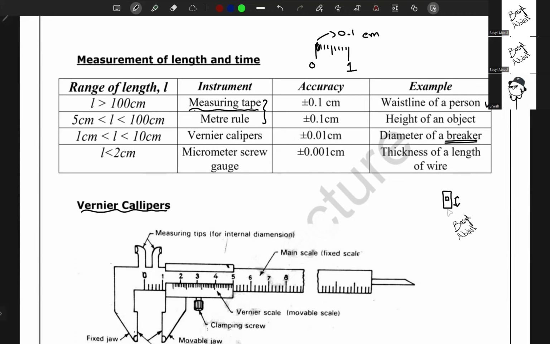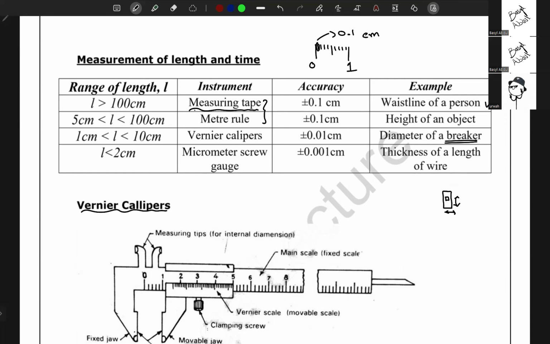It's small in size, and you can use Vernier calipers to measure the thickness of such an object. You can also use Vernier calipers to measure the depth of any object, and I will talk about that when we start discussing Vernier calipers.